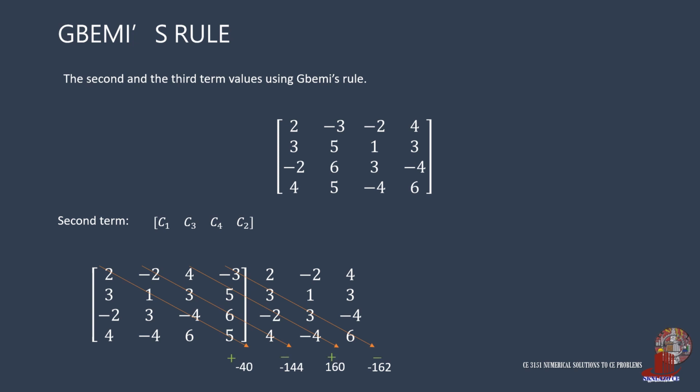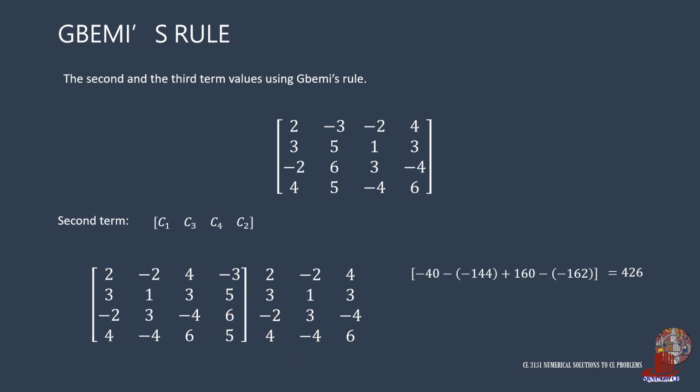Before adding these values, remember to have the sign change starting with positive. So negative 40 minus negative 144 plus 160 minus negative 162 is equal to 426.